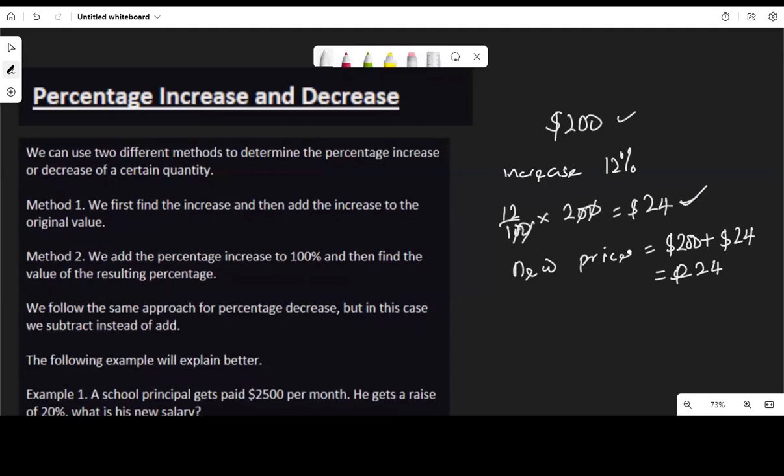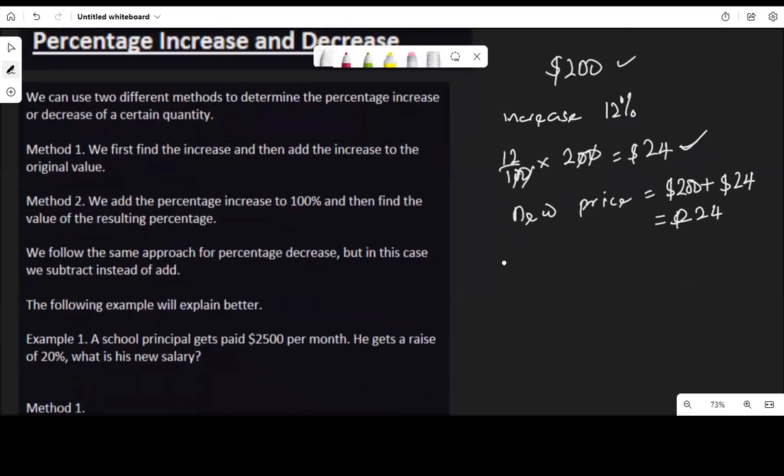Another way we can do this is to add this 12% to 100%, which is 112%. Now, we then calculate 112% of the original price, which is $200.